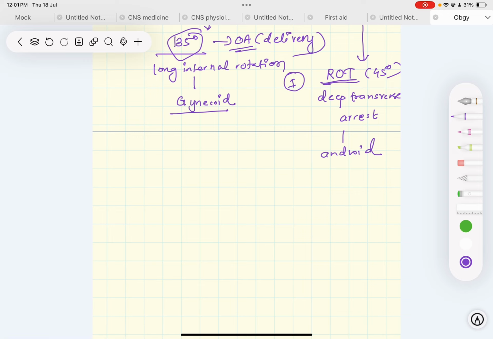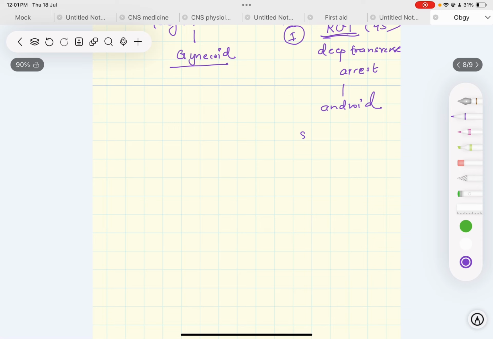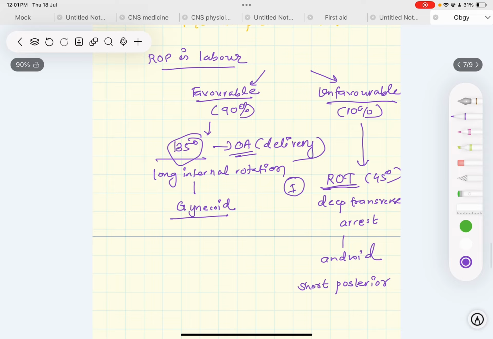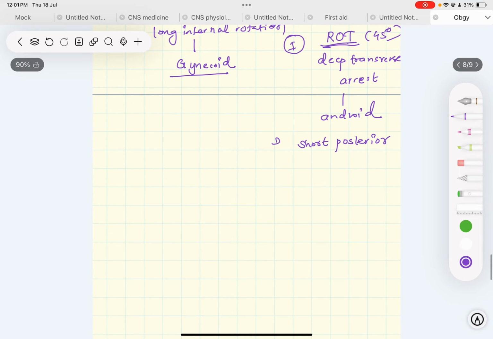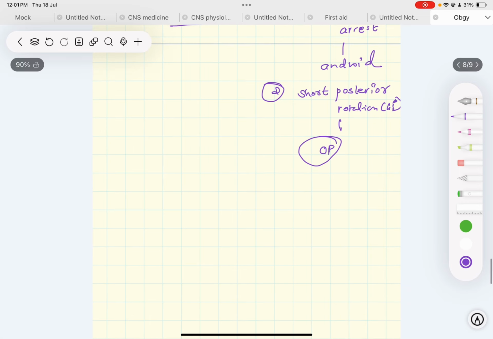Now the second thing that can happen is the short posterior rotation. That was the short anterior rotation, ROT, and this is short posterior rotation, that is 45 degrees, and the fetus will come to the OP position. Now there can be two possibilities.